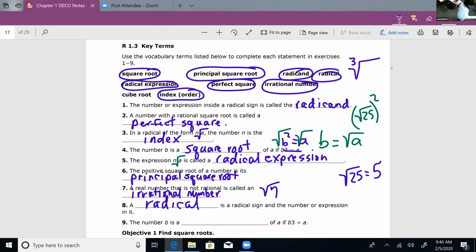Yes, the number b is a cube root of a if b to the 3rd power equals a. So if I can multiply something times itself 3 times to get that, that tells me that this number I was multiplying is a cube root. Okay, so far so good?